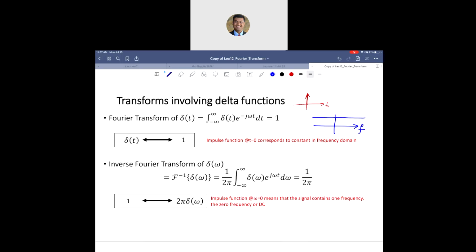You guys remember when we were talking about convolution and the response of LTI systems, and we said, so what's so nice about an impulse function? And I said, yeah, it has all frequencies. That's exactly what I meant. The impulse function has all frequencies. It treats all frequencies the same.